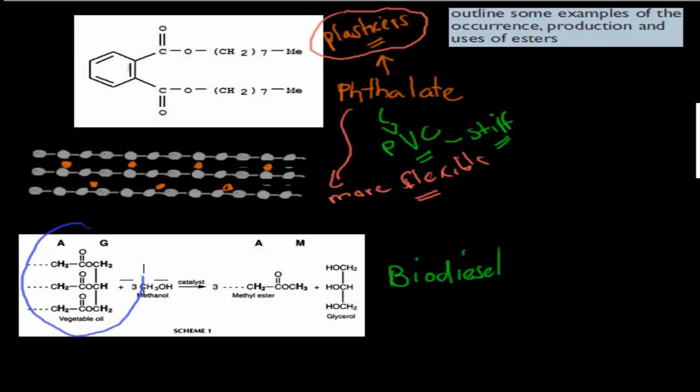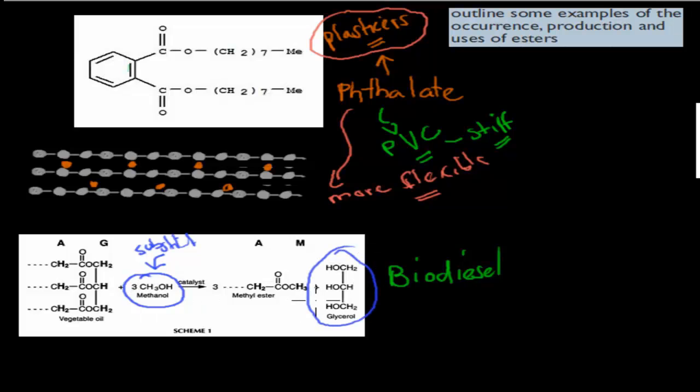So this vegetable oil is the same as a triglyceride, which by itself is already an ester. It has an alkanol and an alkanoic acid combined together. What we do is combine a different type of alkanol, and it's more or less just a substitution reaction. Our glycerol, which is here, is removed, so you can see in our product it's by itself.